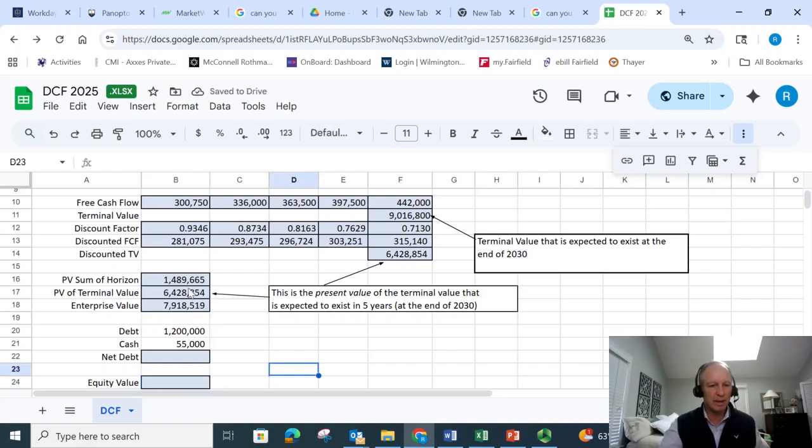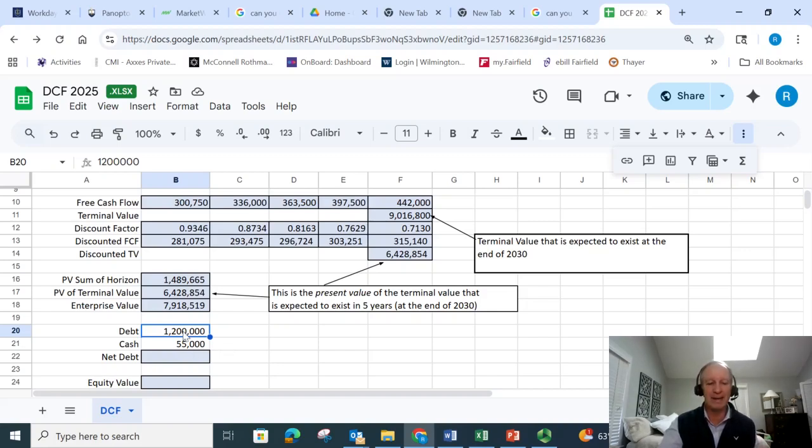Okay, now let me delete this real quick here. So this is the value of the firm that can be distributed to both the debt holders, including any banks that have lent money, and also the equity holders. If I want to value this as, what's the value to the stockholders? Now I need to strip out net debt. So let's say that this firm has $1.2 million in net debt. That's both short-term debt and long-term debt.